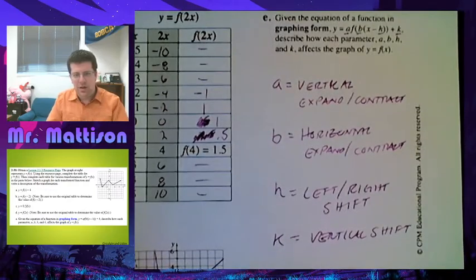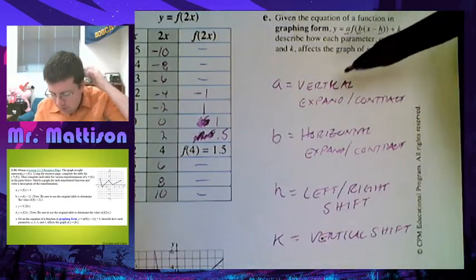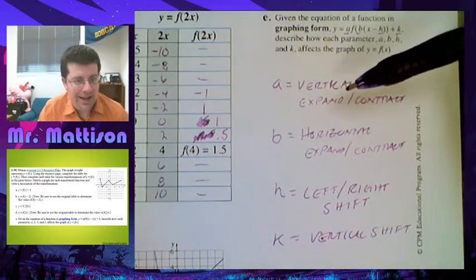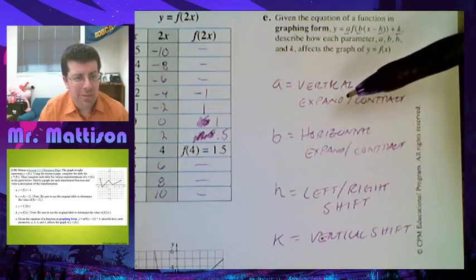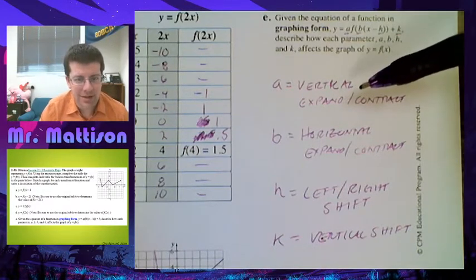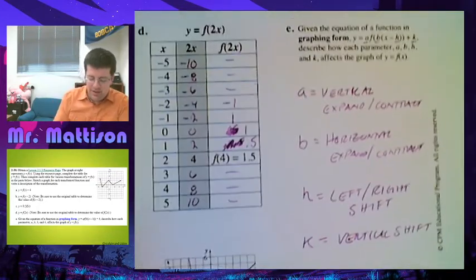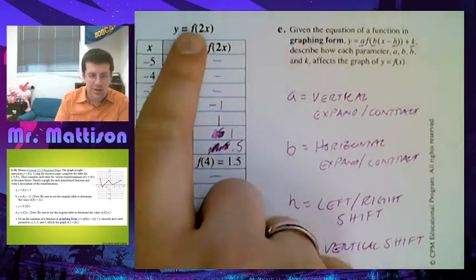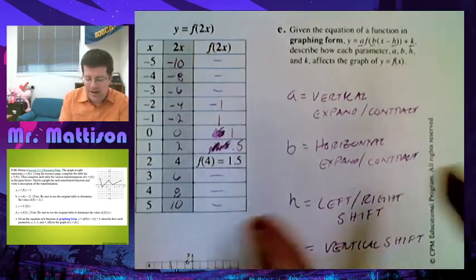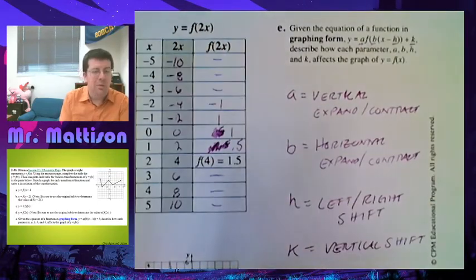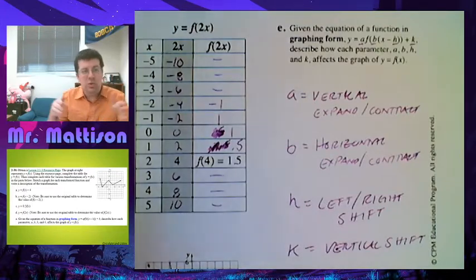Okay, so on our vertical ones, if I multiply it by a half, I got half as tall. If I multiply it by 3, I would be 3 times as tall. The horizontal, when I multiplied it by a 2, right, I got half as wide. If I were to multiply it by a half, I would get twice as wide.